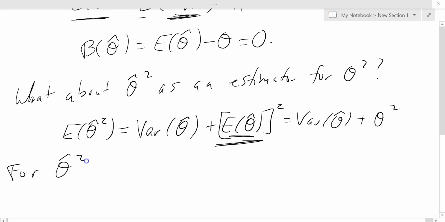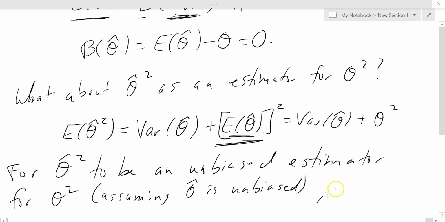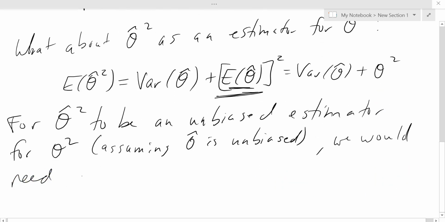For theta hat squared to be an unbiased estimator for theta squared, assuming theta hat's unbiased, we would have to have that the variance of theta hat is 0. What's the likelihood of that happening?